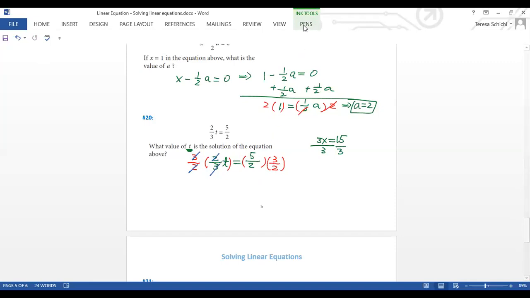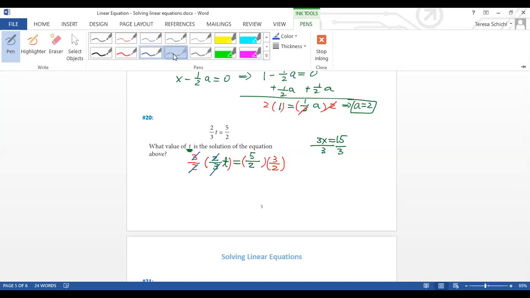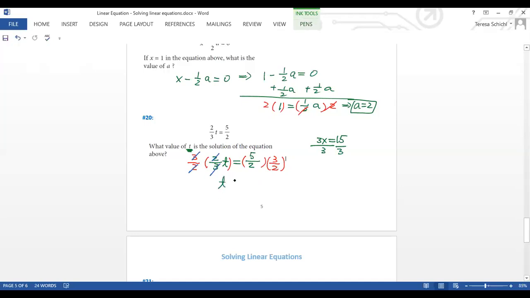So what happened to the right-hand side here? You just multiply the numerator and multiply the denominator, right? So 5 times 3 is 15. 2 times 2 is 4, right?